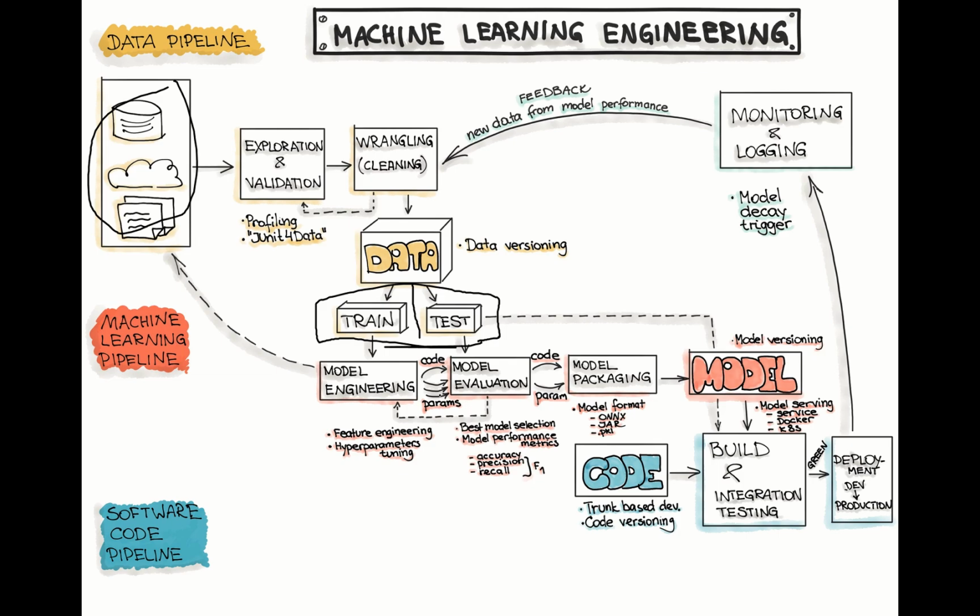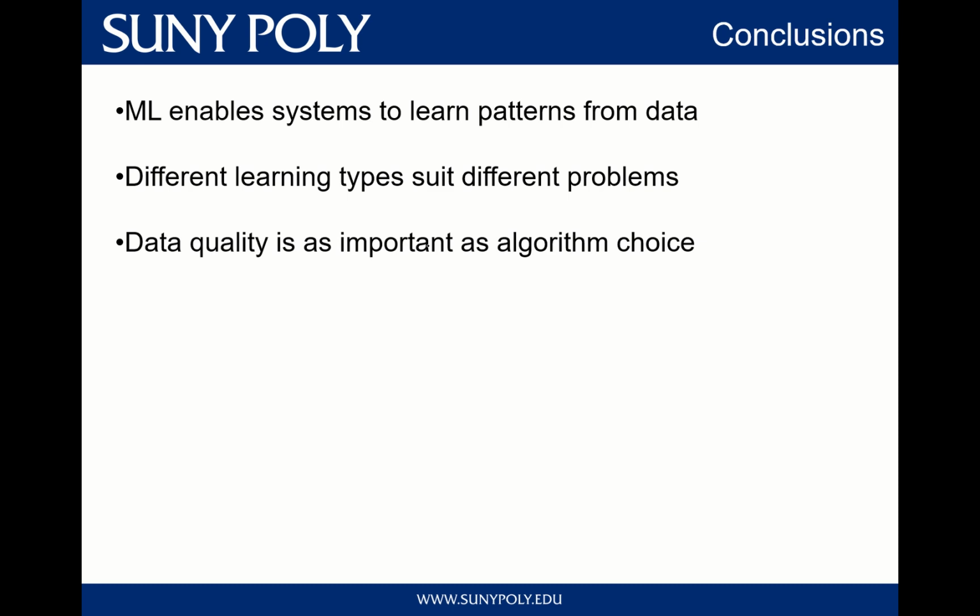So we perform all the model engineering, that's the training and the evaluation, and of course, when we get the best possible model, then we need to deploy that model so the users can start implementing it, and we need to monitor, and of course, using the feedback from the metrics that we're using, we need, in some cases, to perform some adjustments. Okay, so to conclude this video, it's important to mention that machine learning helps us to make predictions, to identify patterns, and basically to learn from data.